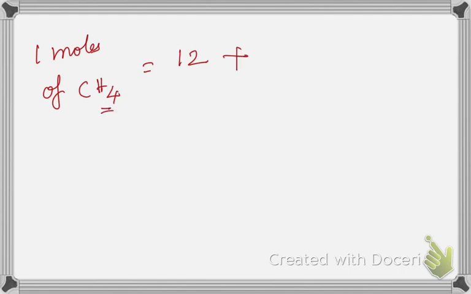Okay, now what is 1 mole of methane actually? 1 mole of methane will be equal to, for carbon the atomic mass is 12 and for hydrogen the atomic mass is 1, but you have 4 hydrogens here, so 4 into 1. So you will have 16 grams. So 1 mole of methane will contain 16 grams.